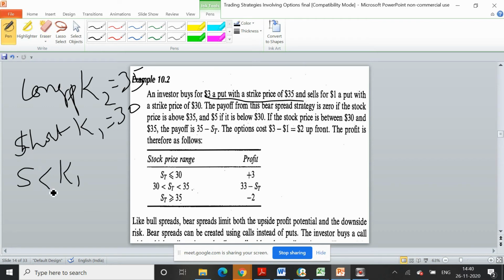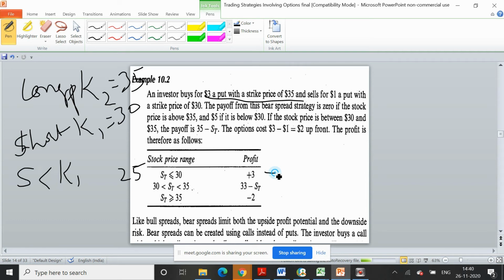Let's say it is 25. So what will happen to the long put? A long put is where you have the right to sell. If you have the right to sell the option contract at 35 or at 25, you will choose 35. You will exercise the contract, so your profit will be 10.